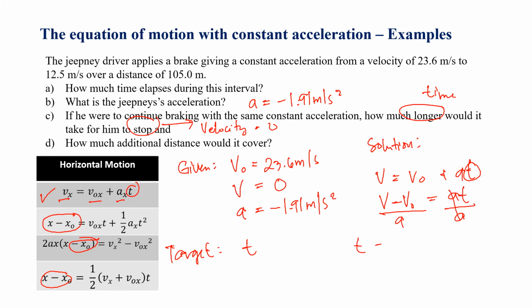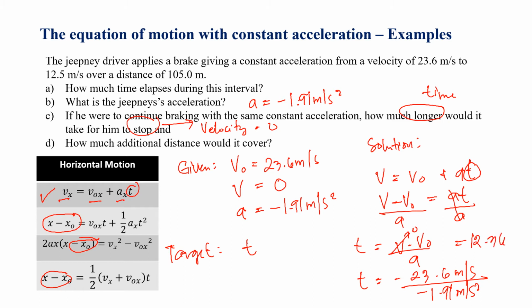So we have t is equal to v minus v naught over a. Our final velocity is just 0. So we have t is equal to negative 23.6 meters per second divided by negative 1.91 meters per second squared. Solving for the time, you have your time t equal to 12.36 seconds.